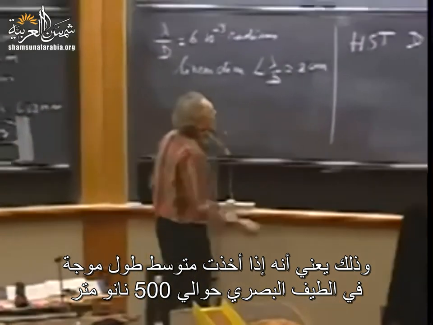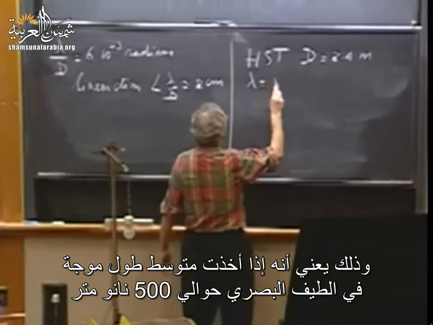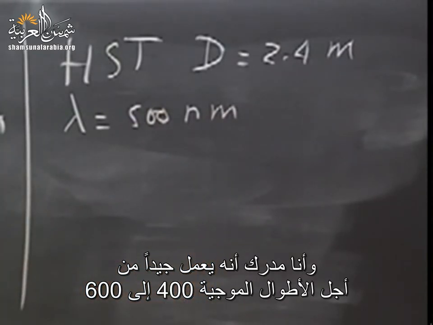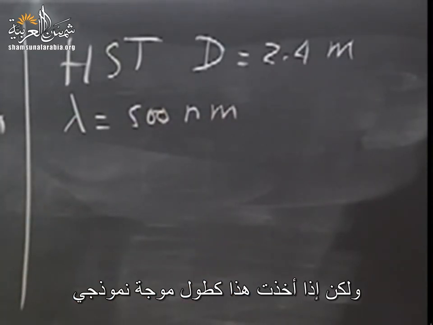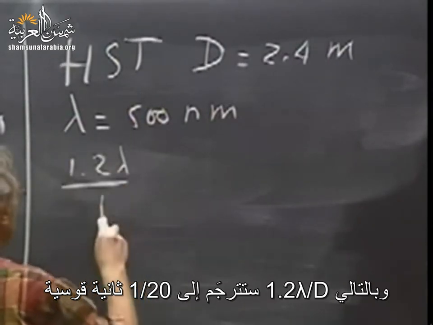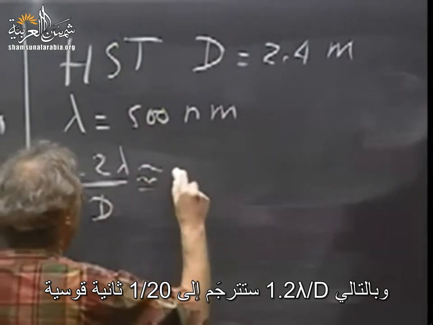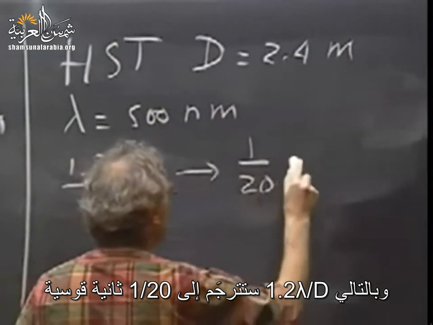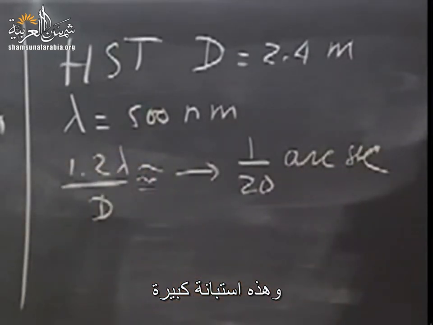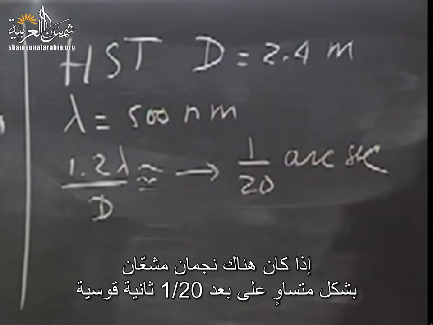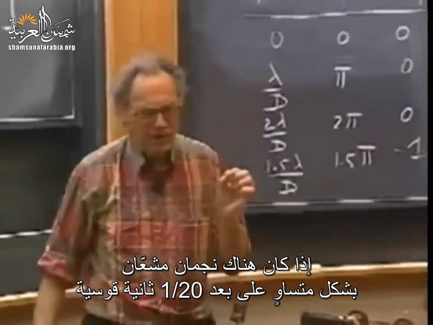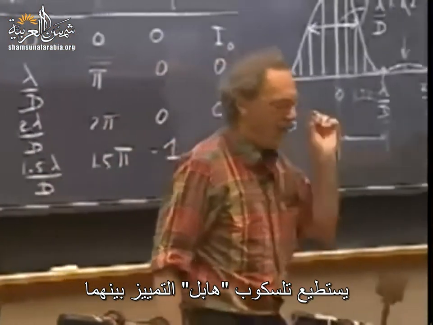If I take an average wavelength of the optical spectrum of about 500 nanometers, realizing that it goes all the way from 400 to 650, but taking this as a representative wavelength, then 1.2 times lambda divided by d translates into about 1/20th of an arc second. That is an incredible resolution. 1/20th of an arc second. If two stars of equal brightness are 1/20th of an arc second apart, Hubble Space Telescope can see them as two stars.